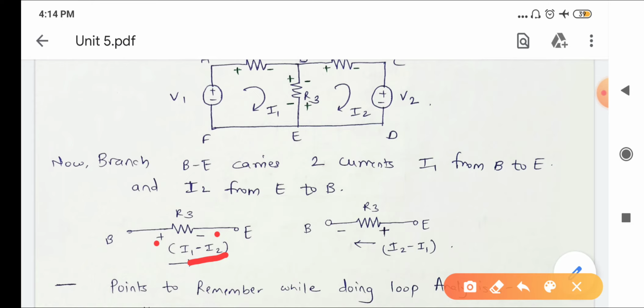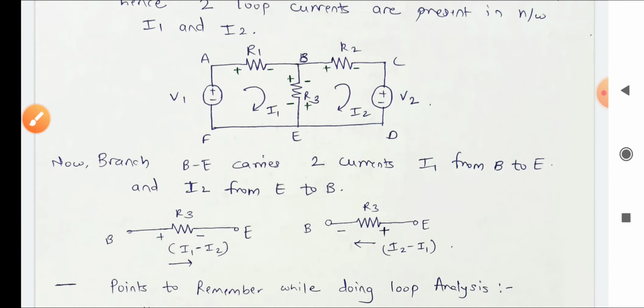Now while considering loop 2, what will happen? For loop 2, I2 is flowing through loop 2, and for I2 the E terminal is positive and the B terminal is negative. So I2 is the main current in loop 2 now. So we are going to consider I2 as positive and other currents as negative.